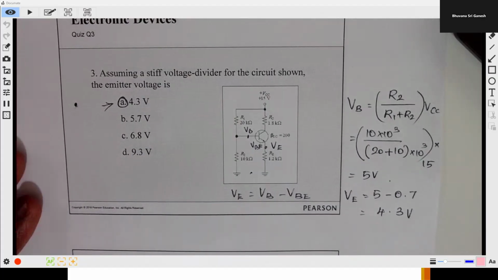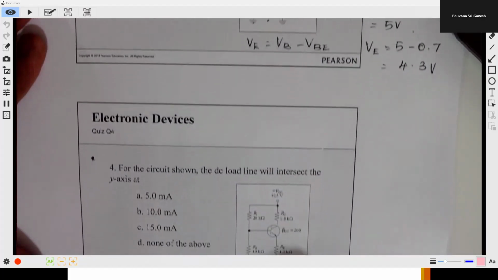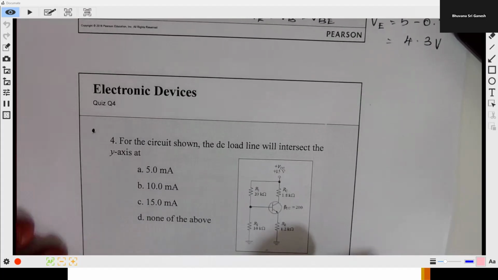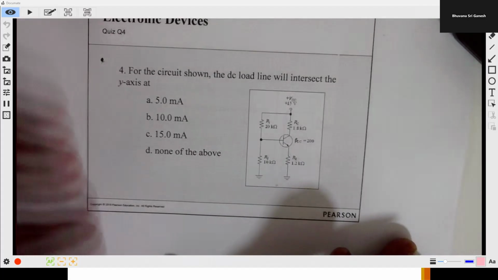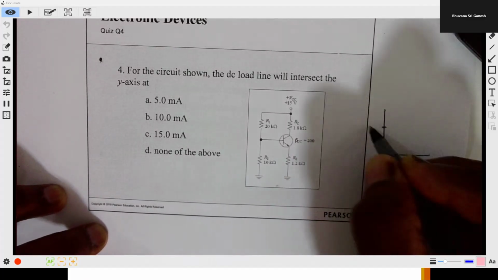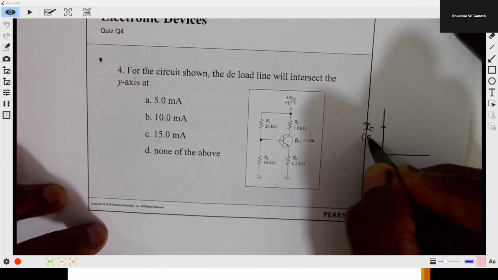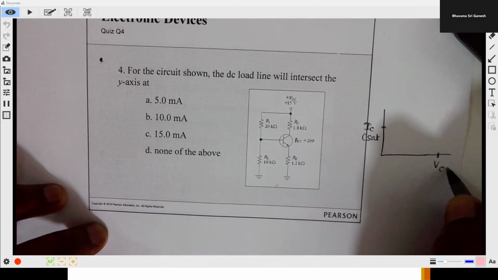The next question is asking you to find, for the circuit shown, where the DC load line will intersect the y-axis. That is IC saturation. For the DC load line, the first point is IC saturation on the y-axis and VCC, which is VCE cutoff, on the x-axis.